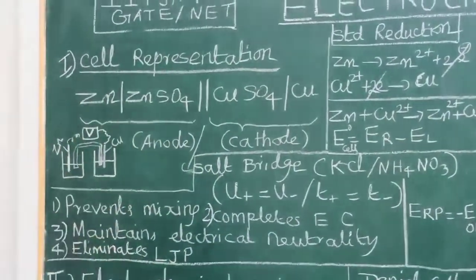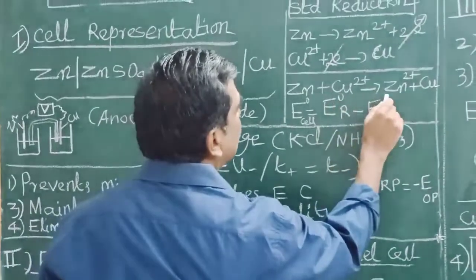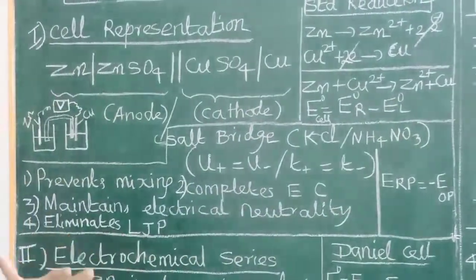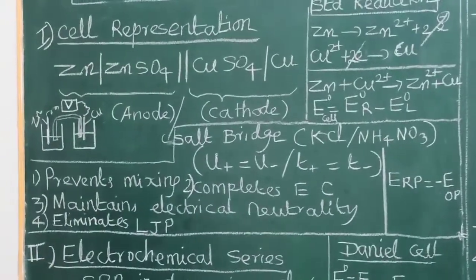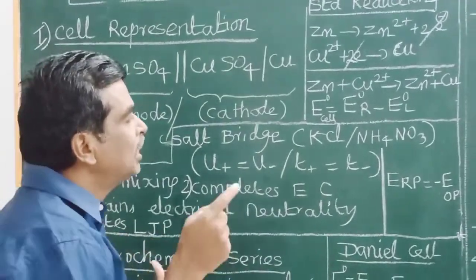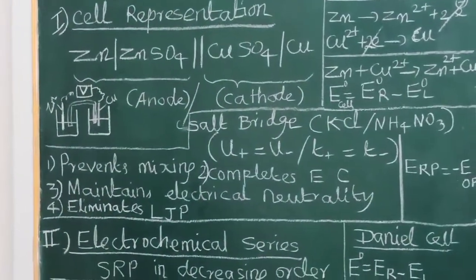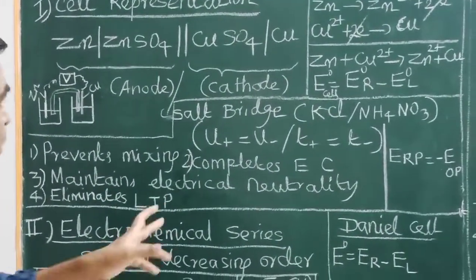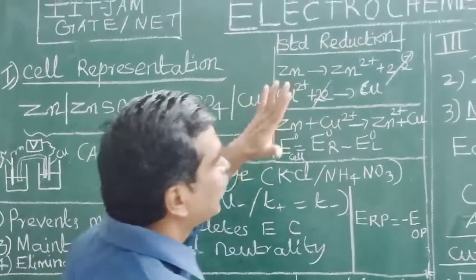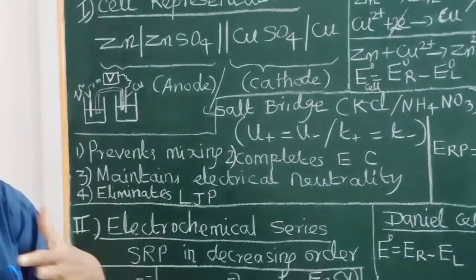The standard EMF of the cell, E0 cell, is the EMF of the cell measured under standard conditions, that is, unit concentration, temperature 298 Kelvin, and 1 atmospheric pressure. In electrochemistry it will be confusing if you use both oxidation potential and reduction potential.